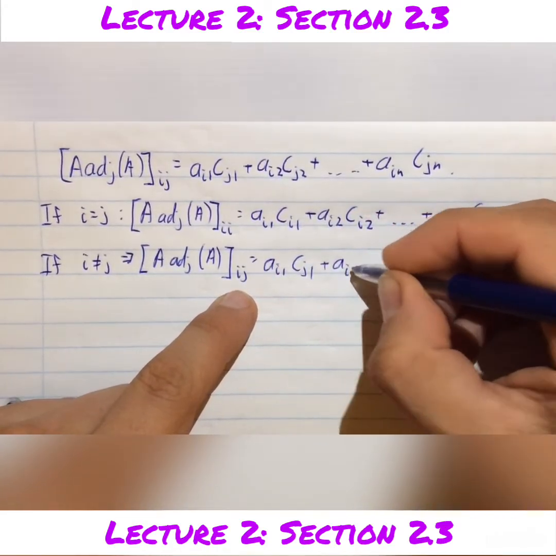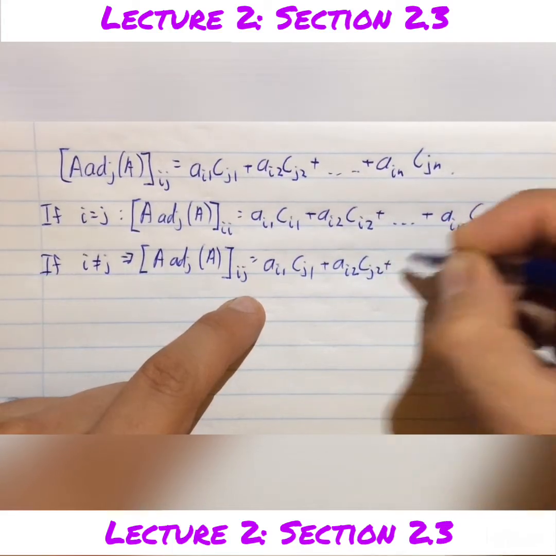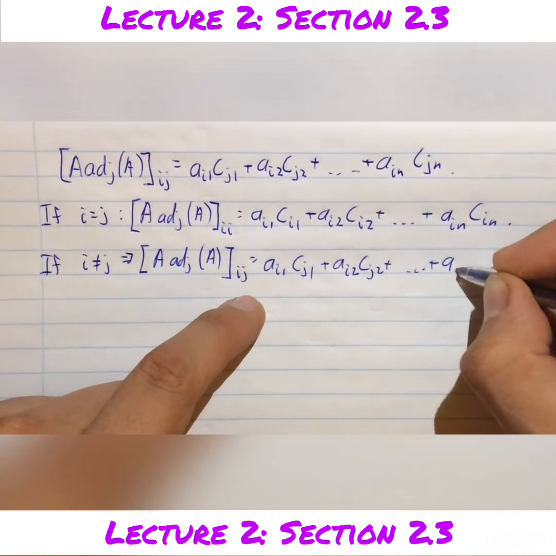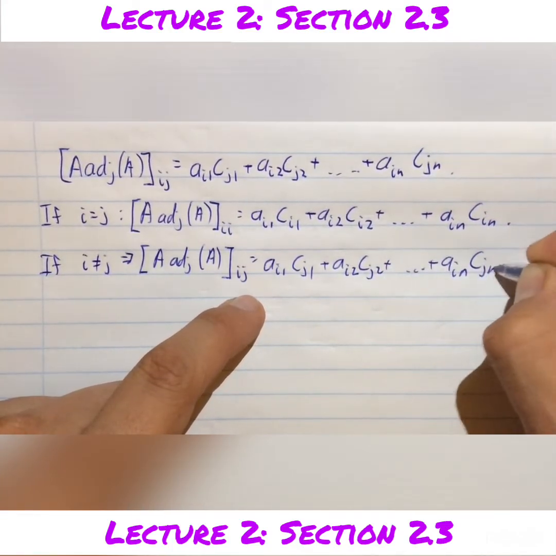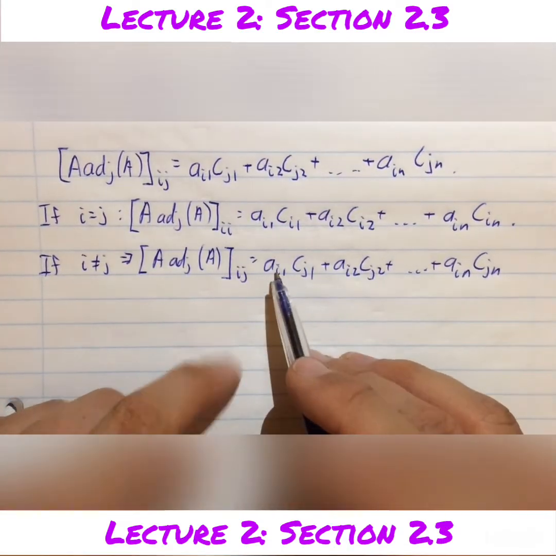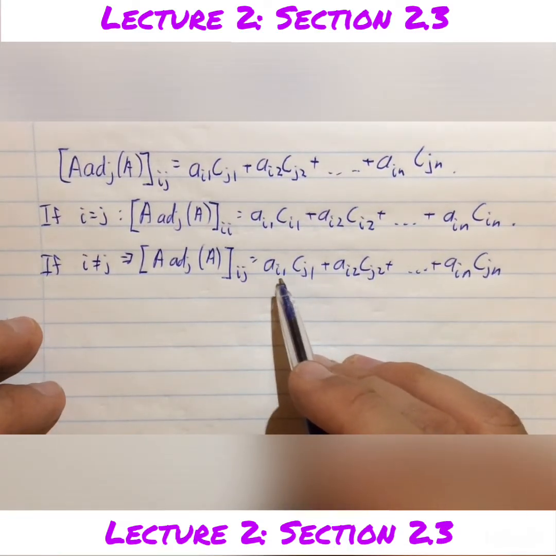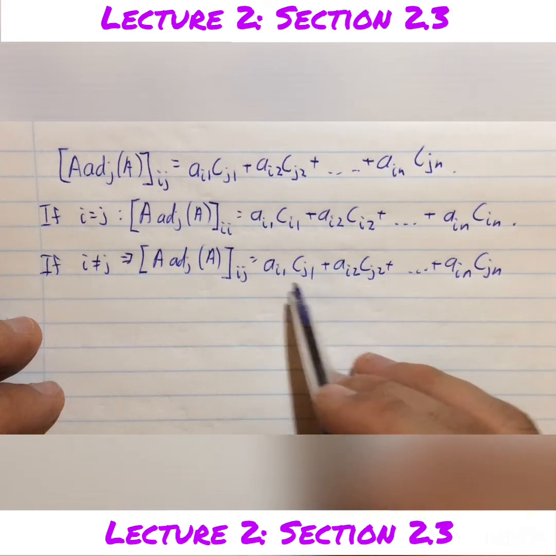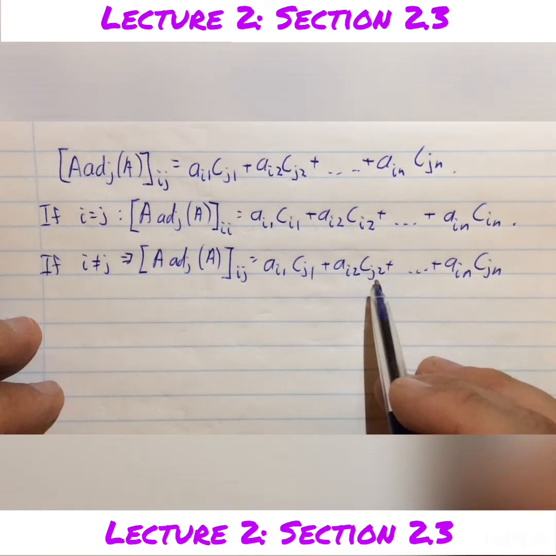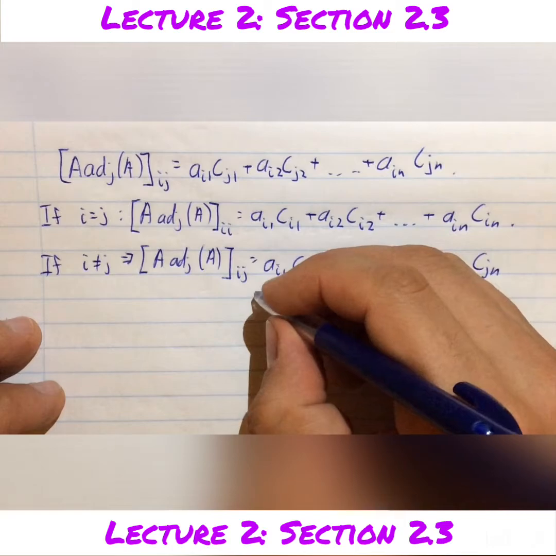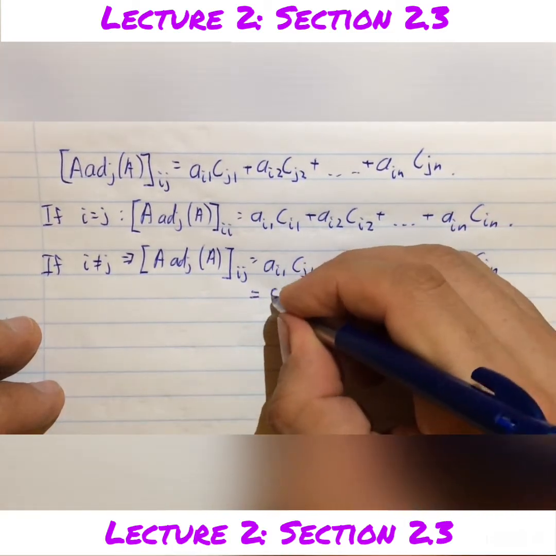Now see what's happening here. We've got cofactors that we multiply. We have a row, the ith row, and we're multiplying this ith row with cofactors from a different row. And remember, by the previous argument, that's always 0.